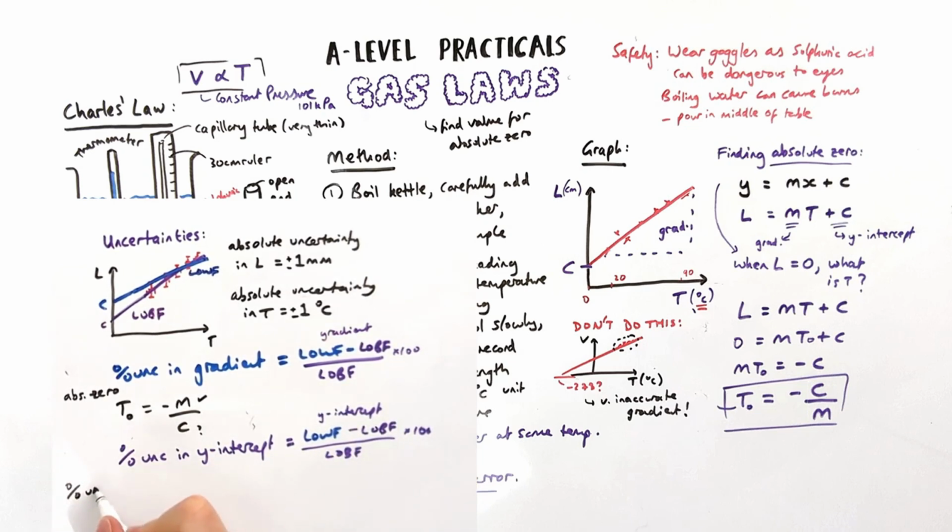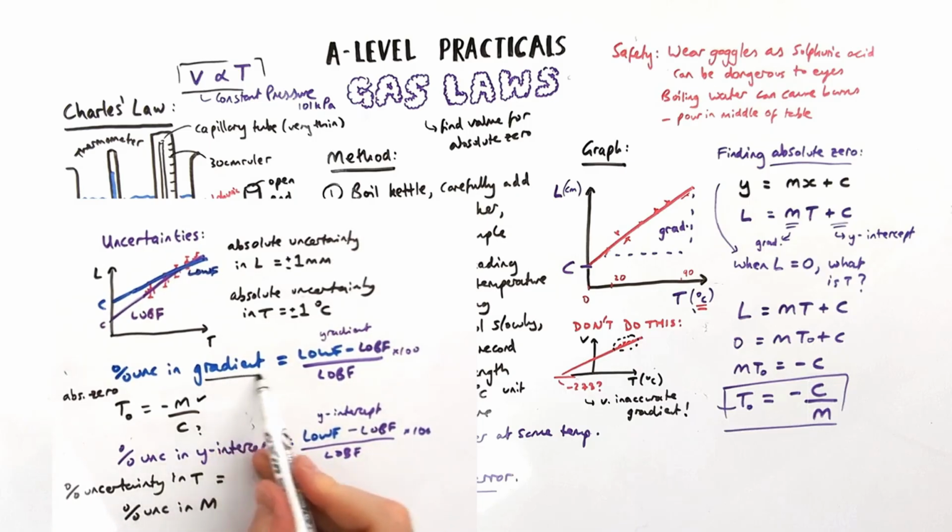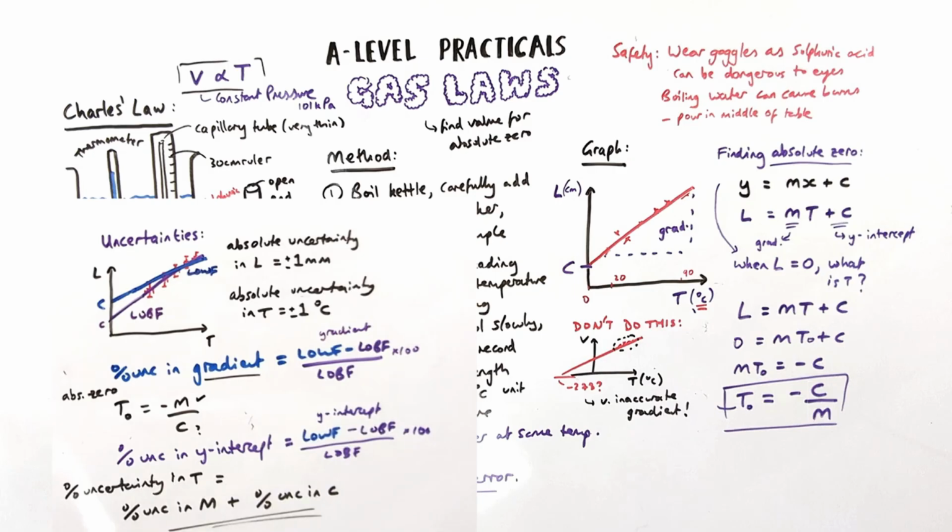So how do we combine those together then? Because we have M over C, we have those two measurements. So we have to work out the percentage uncertainty by adding the percentage uncertainty in the gradient plus the percentage uncertainty in the y-intercept. We add them together because even though they're divided in the equation, that's a general rule.